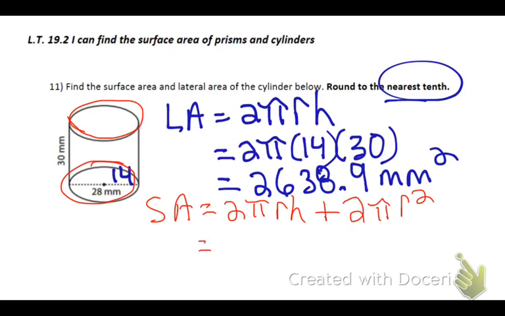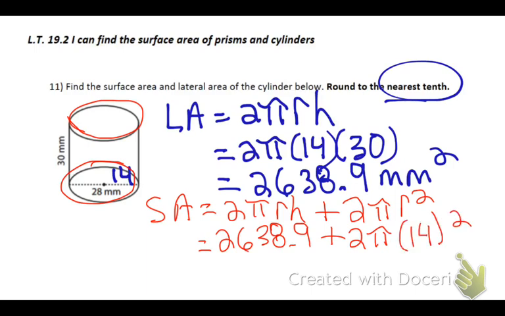So we're going to take our previous answer, which is the 2 pi r h. So we're going to have 2638.9 plus 2 pi r squared, which is 14 squared. So we're going to work all this out. So we got the 2638, plus 2 times pi times 14 squared.